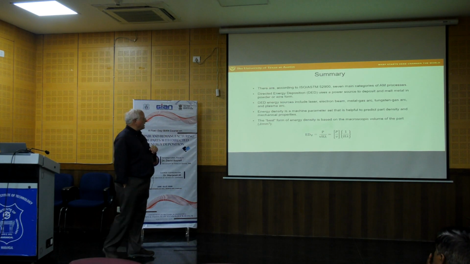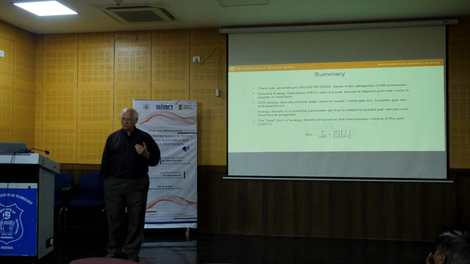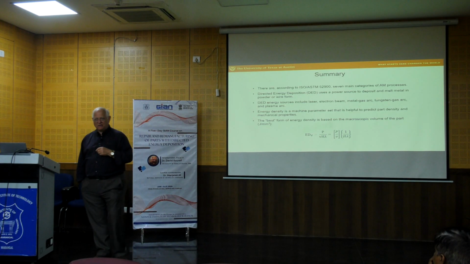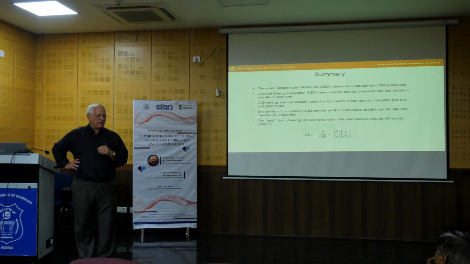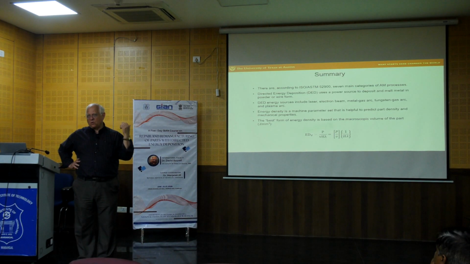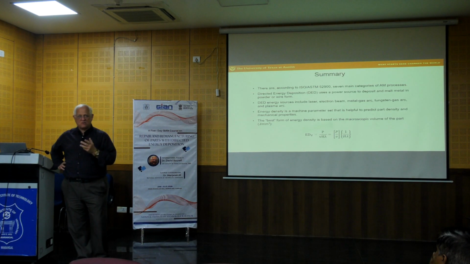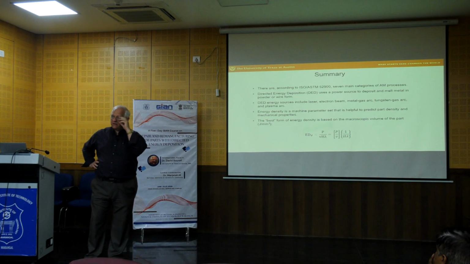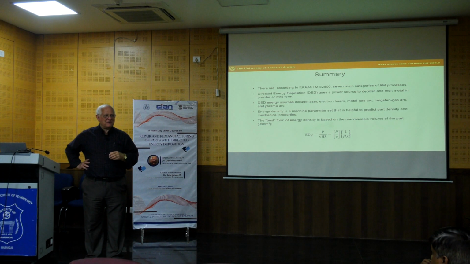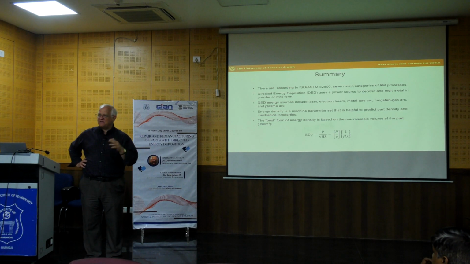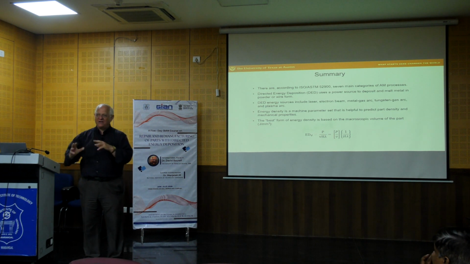So again, I think it's important to note that there are 7 major categories of additive manufacturing process, according to ISO ASTM 52900, and we've listed those. I said earlier today that all of them were developed around 1987 to 2001, and everything since then has been sort of a variation on the theme.